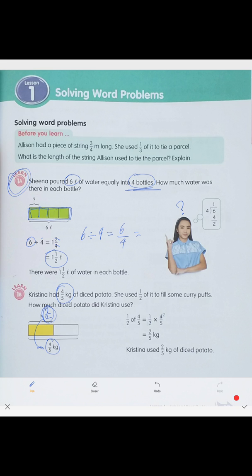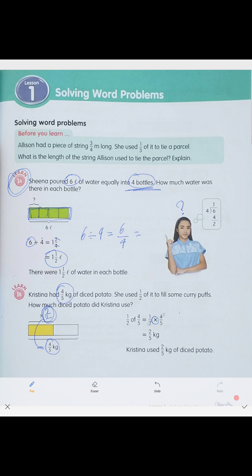Okay, I don't need to write it down. They do it here. 1 over 2 times 4 over 5, right? And the answer is 2 over 5 kilogram. Now again, many students get confused. They think, why do I need to multiply this thing?